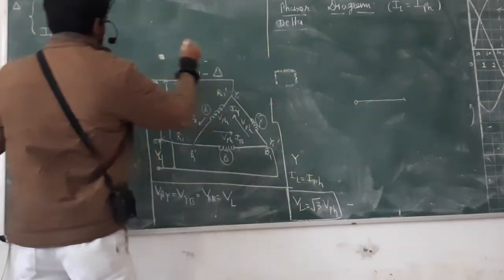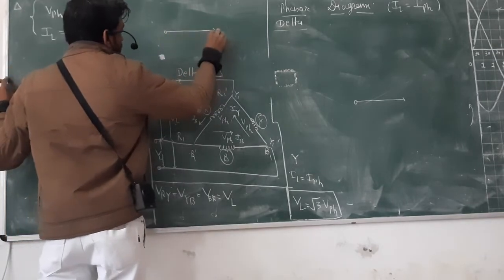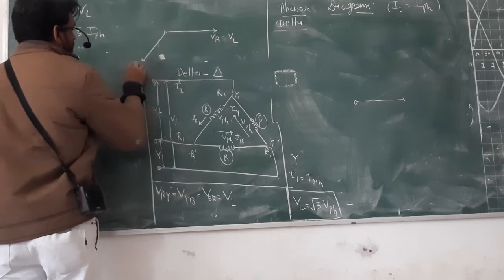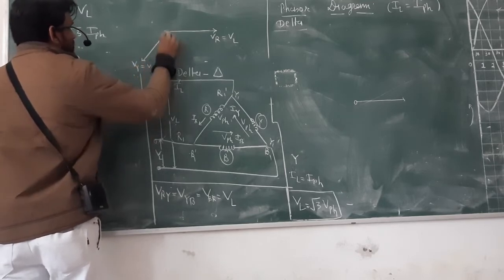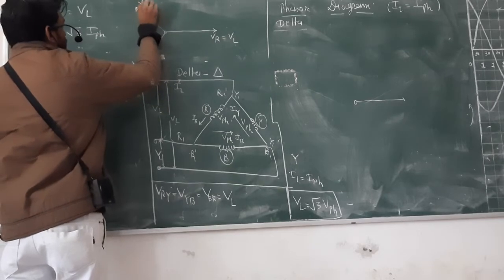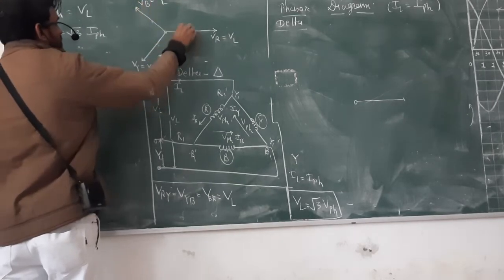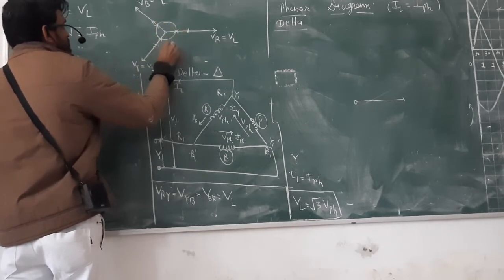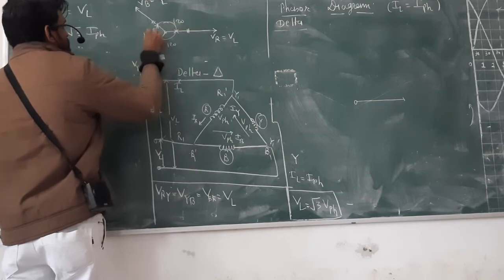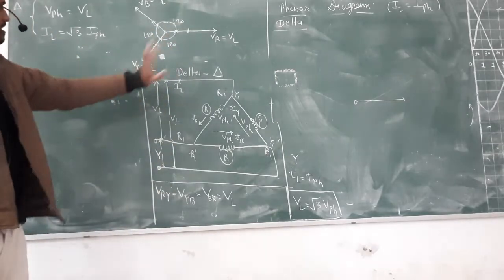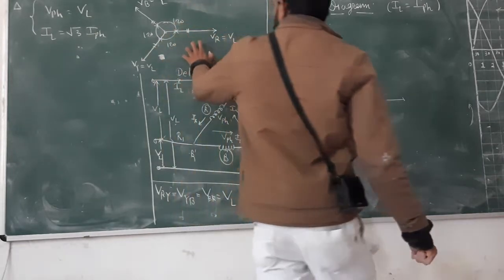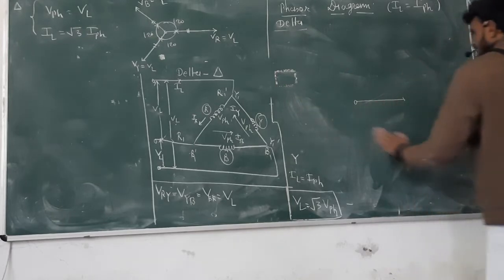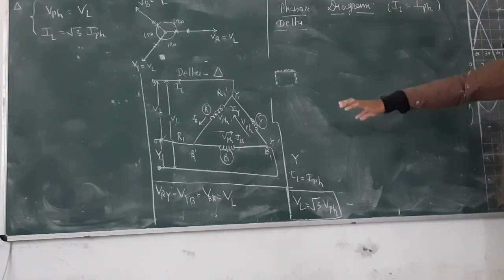If I wanted that diagram, it would look like this: VR, which is equal to line voltage, VY equal to line voltage, VB equal to line voltage, RYB all the same, and the angle is 120 degrees. Now we are going to add the phasor diagram for delta connection current.